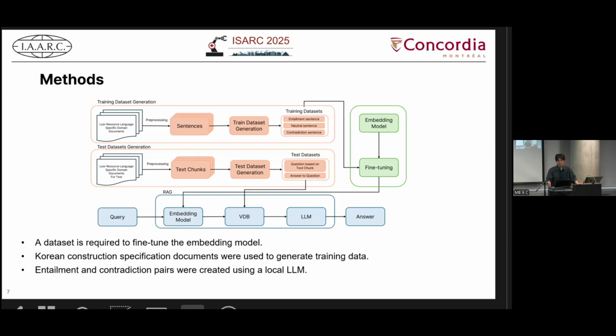Domain-specific documents were split into individual sentences. Then entailment and contradiction sentence pairs were generated using a local LLM to ensure efficiency and scalability. This process produced the domain-specific training dataset that reflects the structure and terminology of construction documents.